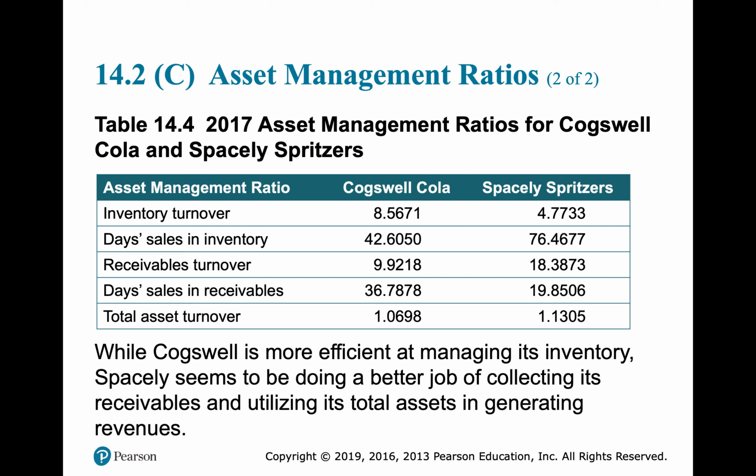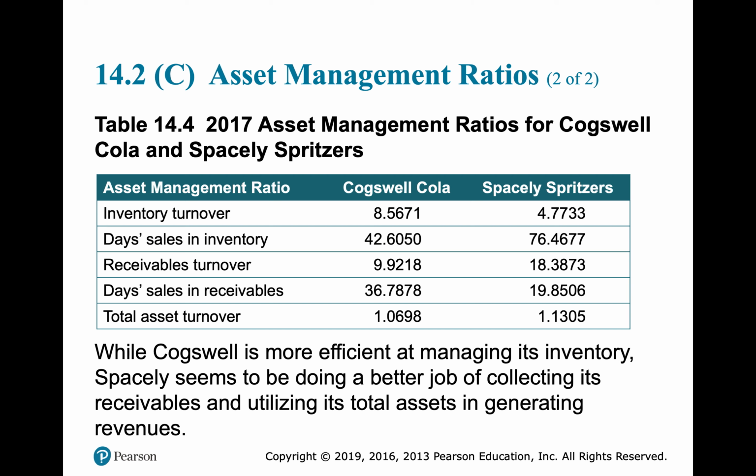So how does that translate into days sales in receivables? Well, it tells me that it takes Cogswell on average 36 days to collect accounts receivable. However, it only takes Spacely almost half that time, 19 days, to collect on their accounts receivable. And so here is an area where Spacely is outperforming Cogswell.